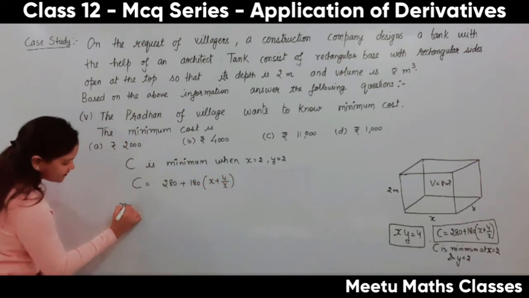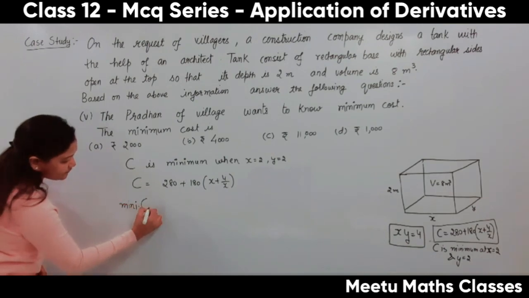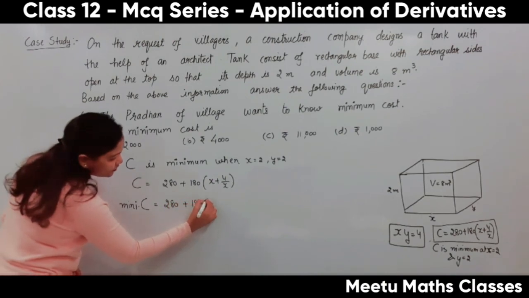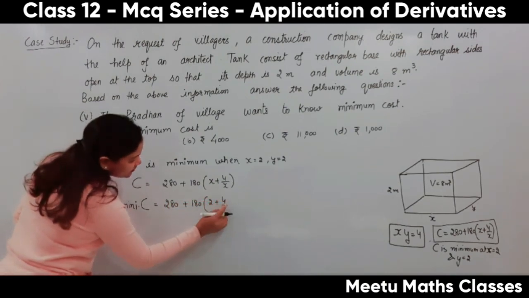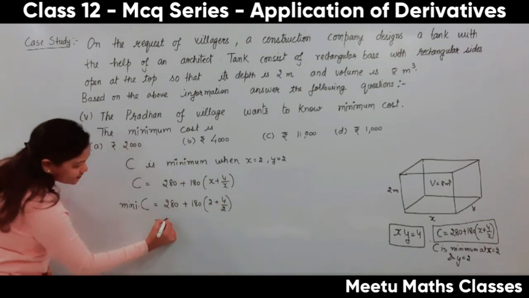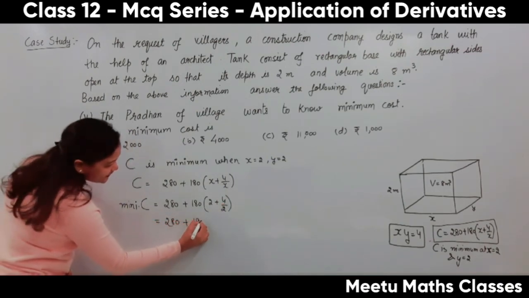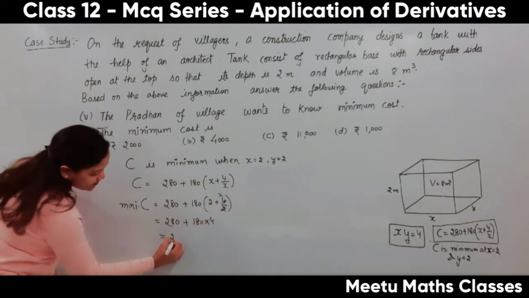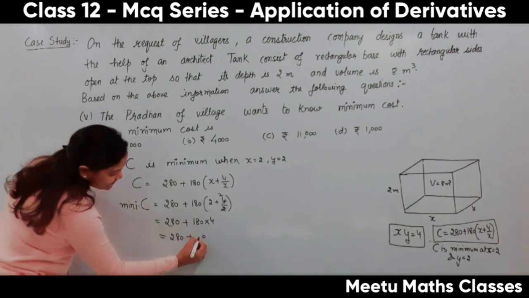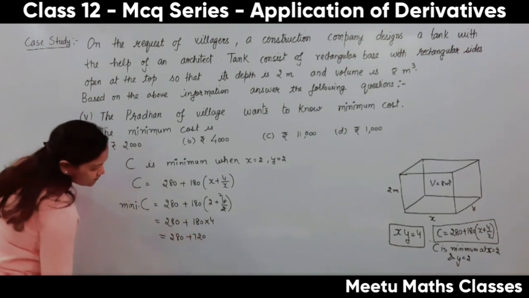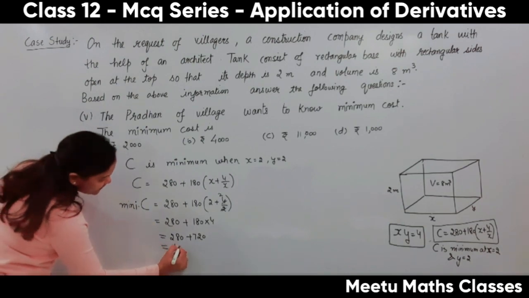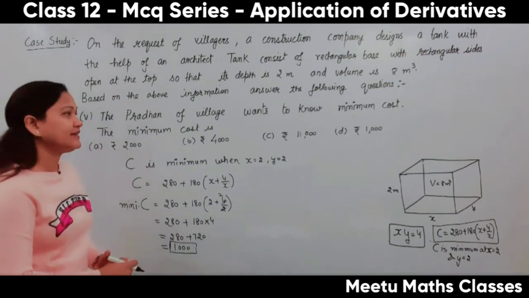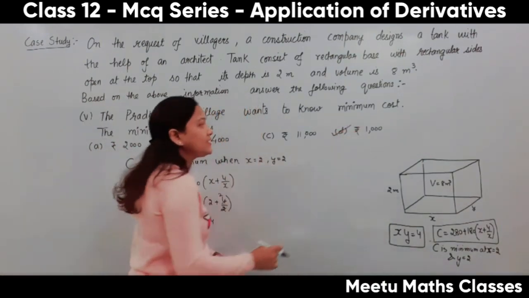So the minimum cost of the cost function will be when we put x equals 2. So you will get 280 plus 180, and this will be 2 plus 2, 4. So this will be 280 plus 720, and this will be rupees 1000. So the minimum cost of construction of the tank is rupees 1000, and your option D is correct.